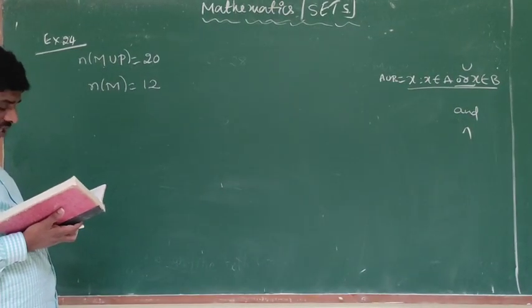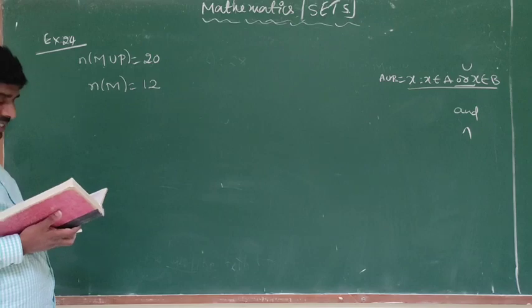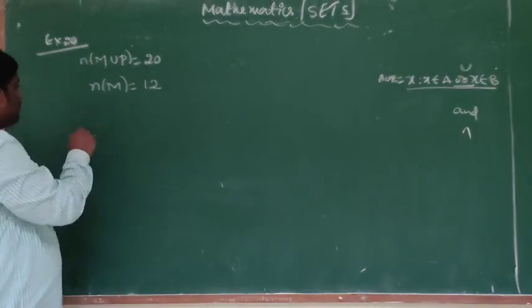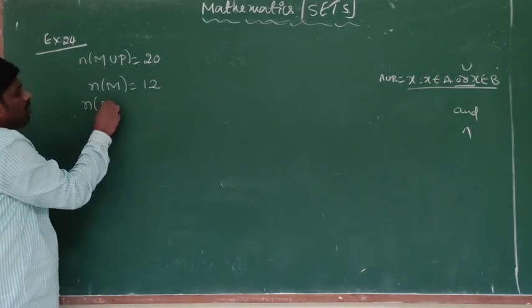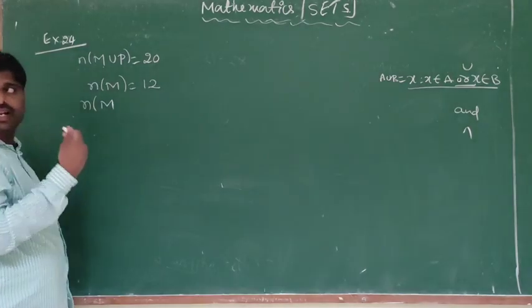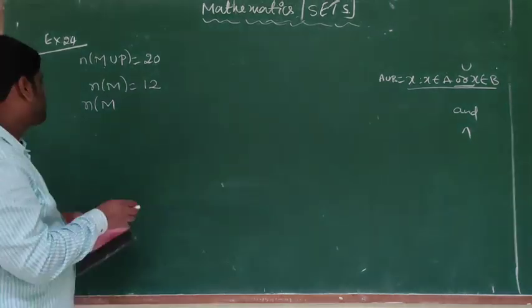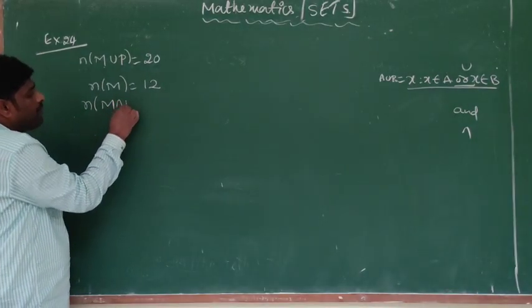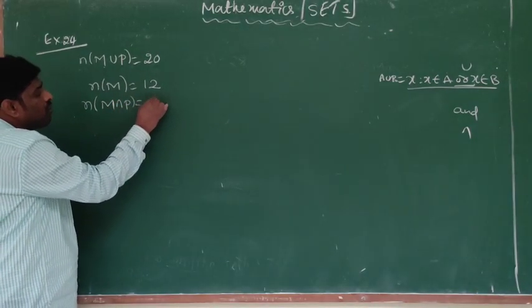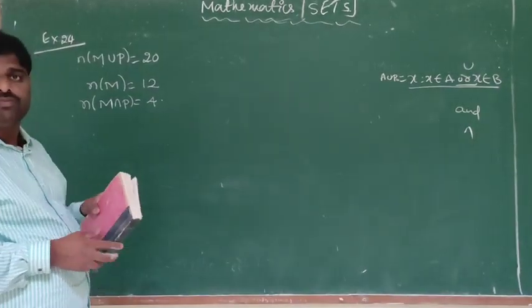Next, 4 teach both physics and mathematics. That means 4 people can teach both physics and mathematics. n of M intersection P is equal to 4.